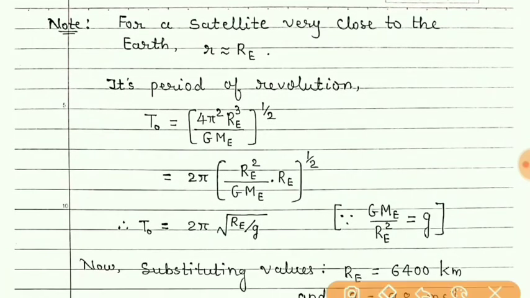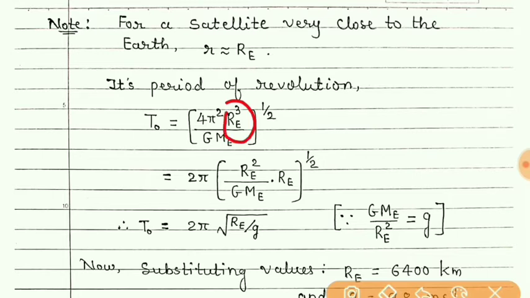Now this 4 pi square, if it is taken out of the bracket, we have to take the square root of that. Square root of 4 is 2 and square root of pi square is pi. So this 2 pi is taken out. What remains inside?